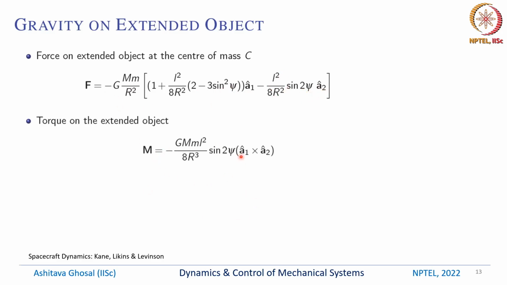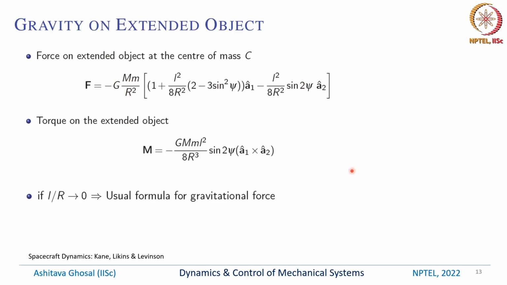And likewise, we can find a torque which is acting on the extended object, which is minus GMM L squared by 8R cube. So as usual, as I mentioned, if this L by R tends to 0, then we can drop this term, okay, then we get the usual that there is only a force which is acting along this direction.